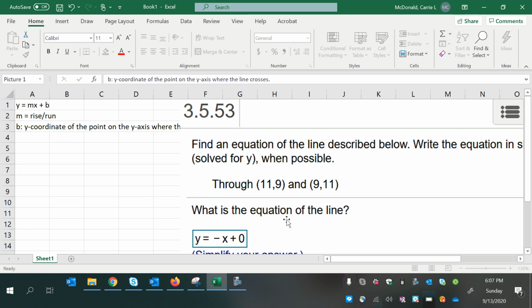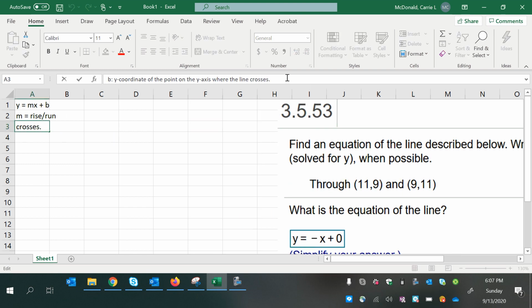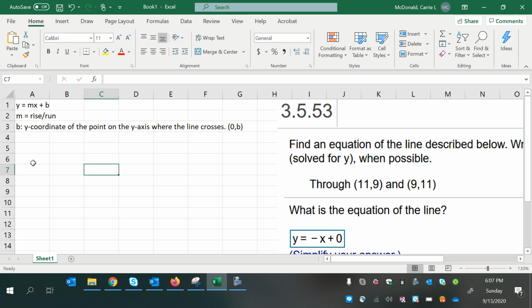Okay, so that means if it's on the y-axis, then the coordinates of the ordered pair would have to have a 0 for x, and then some value for y, and in general we just call that b. Now, neither of these points have 0 as the x-coordinate, so no y-intercept has been given here.